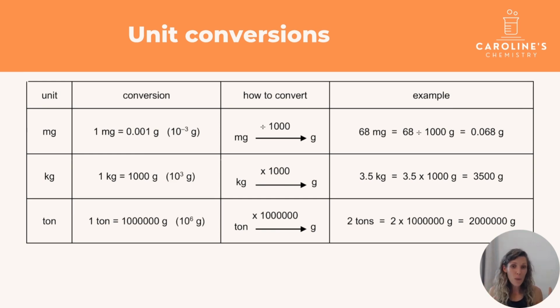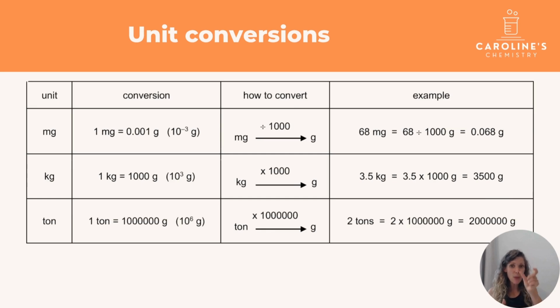So starting off with milligrams, they're the tiny little ones. We have 1,000 milligrams in a gram. The next one is kilograms. 1,000 grams fit in 1 kilogram. And then finally, tons. Tons you can either think of as 1,000 kilograms in 1 ton or 1 million grams in 1 ton.